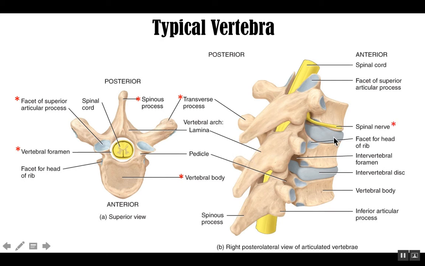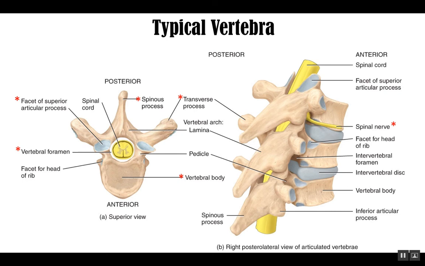Over here, we see this yellow structure represents the spinal cord going down the vertebral cavity or the vertebral foramen of these three vertebrae. But you need to get nerve impulses into the spinal cord as well as nerve impulses out of the spinal cord. That's done using spinal nerves.